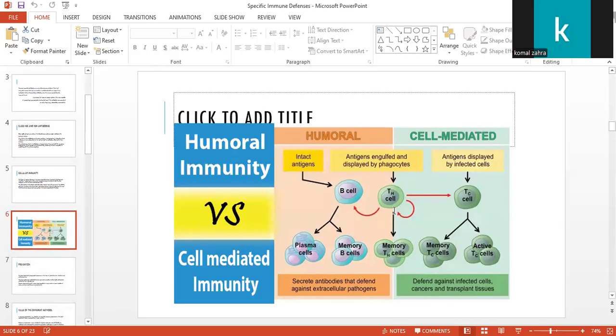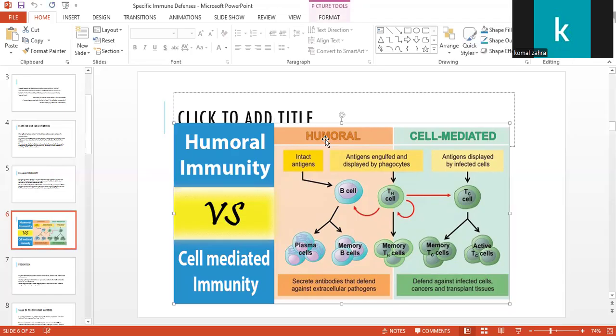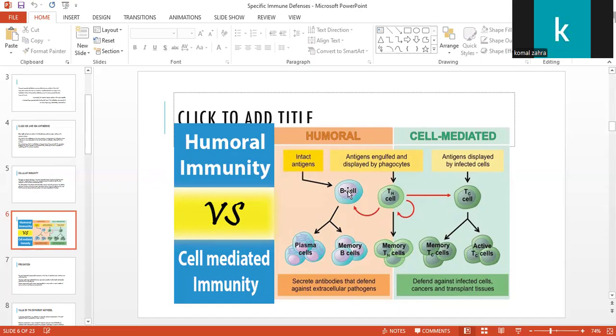Humoral immunity versus cell-mediated immunity. Here you can see humoral immunity involves intact antigens, which includes B cells, and they release plasma cells and memory B cells, and helper T cells play a helper role in releasing memory helper T cells.